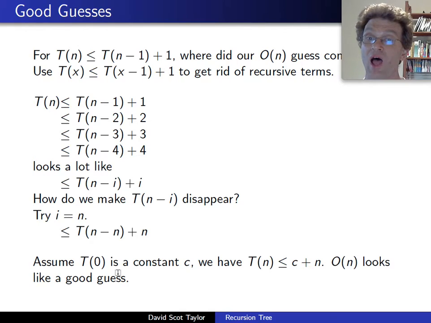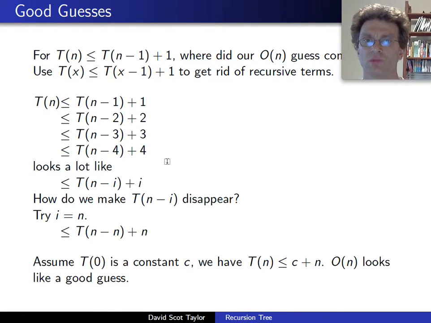Assuming that the time to run the input of size 0 is constant, then I have T of n is less than or equal to that constant plus n. And O of n looks like a great guess. So now we could either take it from here, O of n is our guess, and prove that T of n less than or equal to T of n minus 1 plus 1 is big O of n. Well, we already saw that last time. Well, why not just use this thing here as a proof?